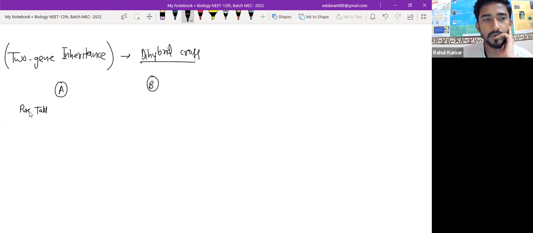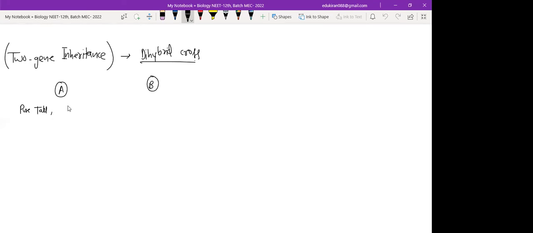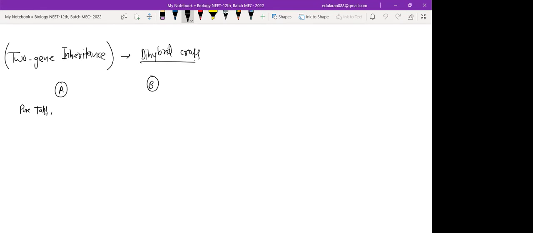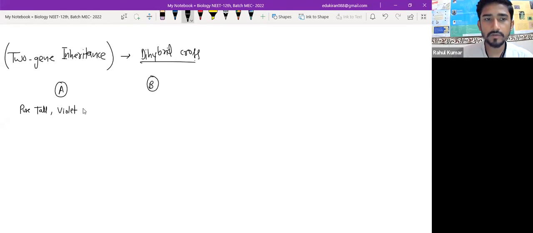Let's start with pure. Pure tall with color of flower. Which color is dominant in flower? Violet color. Yes. Let's say pure tall with violet flowers.